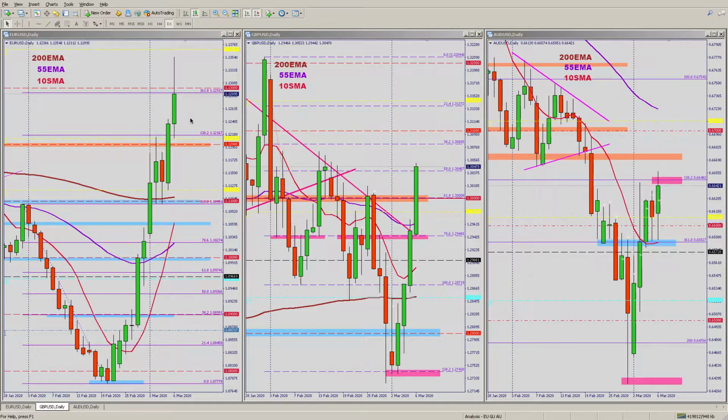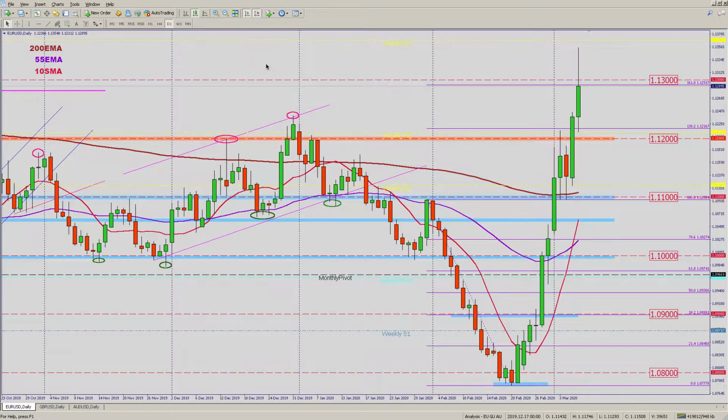It didn't help the US dollar as that continued to weaken with further fears of the global spread of the COVID-19 virus, and especially in the US as well. Let's take a look at the euro to begin with.